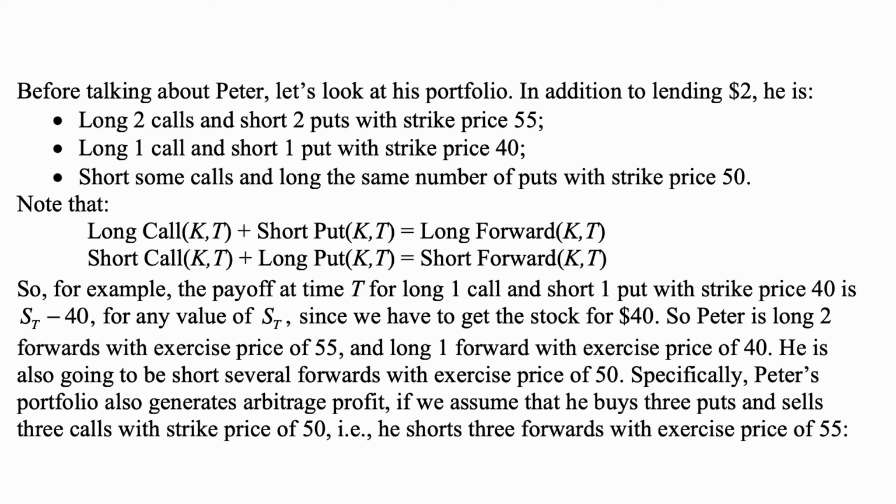So Peter is long 2 forwards with exercise price of 55 and long 1 forward with exercise price of 40. He's also going to be short several forwards with exercise price of 50. Well, it turns out that Peter's portfolio also generates arbitrage profit if we assume he buys 3 puts and sells 3 calls for strike price of 50, so he shorts 3 forwards with exercise price of 50.